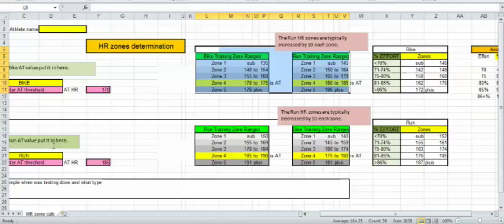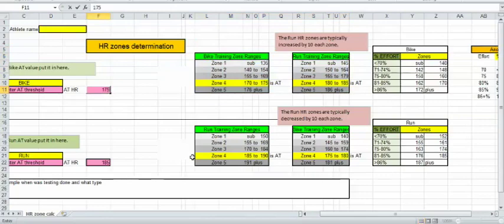So this is how I calculate training zones. I take the bike threshold heart rate and plug it in here. Remember, mine was 175. I enter that, then I go over here and it just calculates it for me, and the calculations are very, very easy.